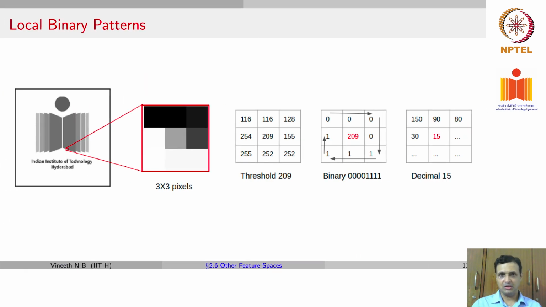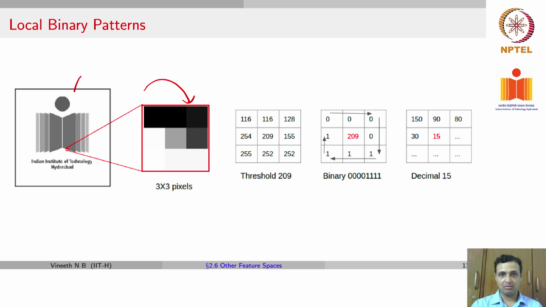Another popular method, which was extensively used for face images in particular, human faces, was known as local binary patterns. Local binary patterns had an interesting idea where, given an image, for every pixel you take, for example, a 3 cross 3 neighborhood around a pixel. So this is the IIT Hyderabad logo.